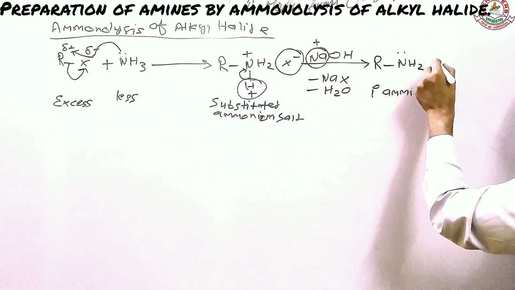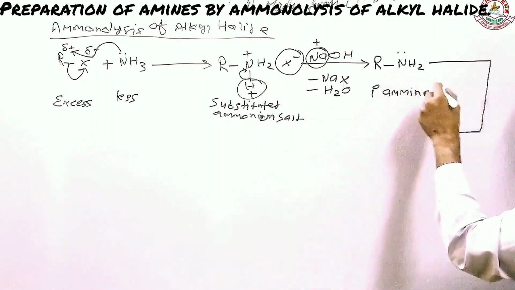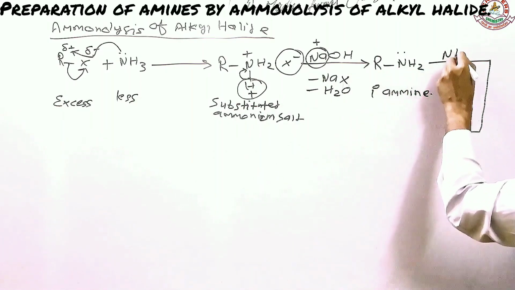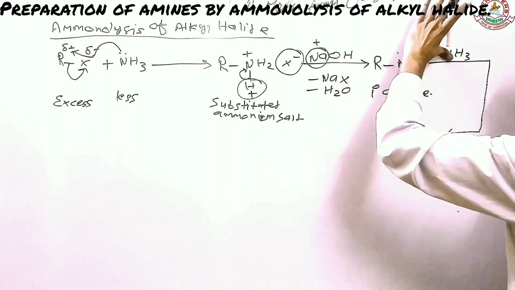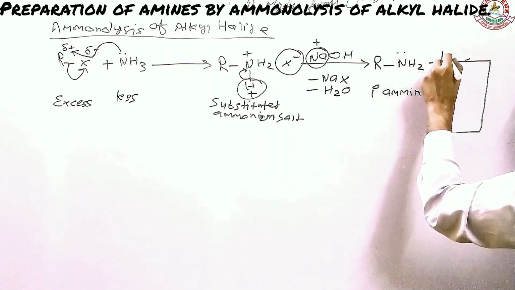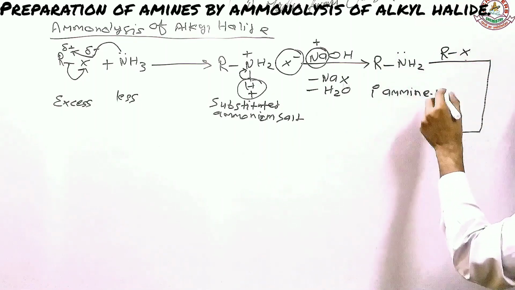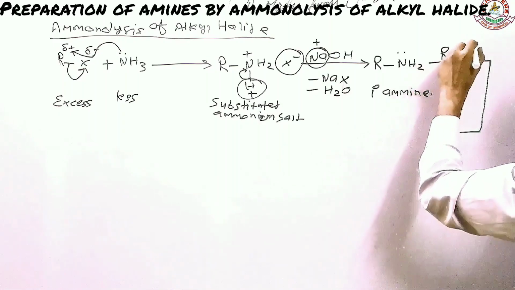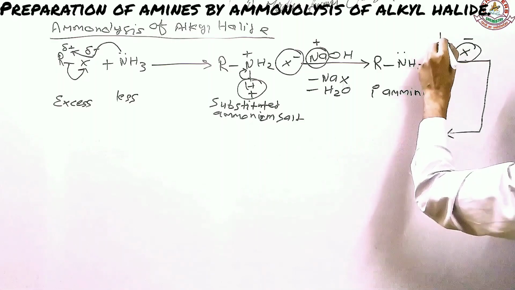So how does this same reaction take place? Concentrate here. This will react with alkyl halide. Because it reacts with alkyl halide, X comes out as a negative charge and R comes out as a positive charge.